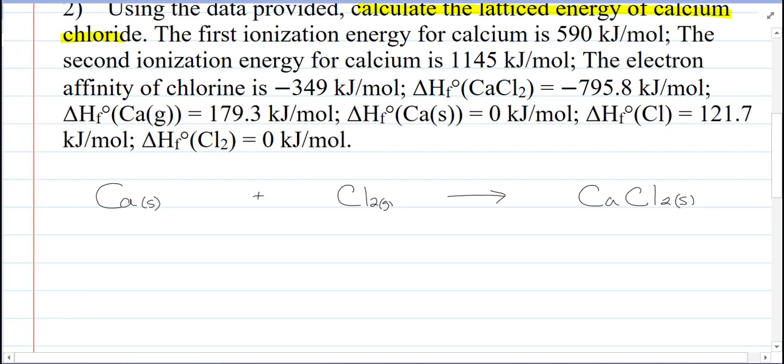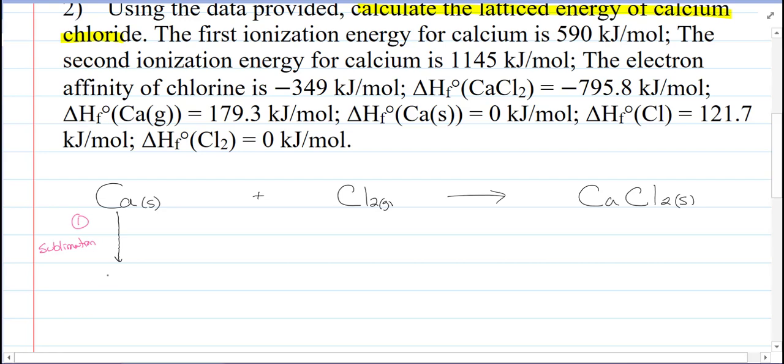And if you remember, the first step in this is going to be step 1. Step 1 will be sublimation. How do I know that? Well, we're talking about ionization energy of calcium. And ionization energy is the energy required to remove an electron from an isolated atom or ion in the gas state.